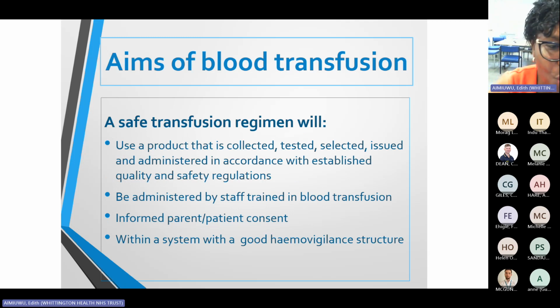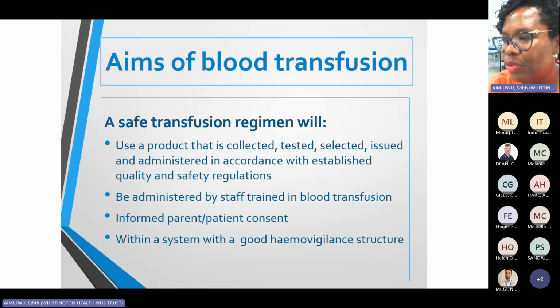When we're doing transfusion, what do we aim for? We want to aim for safe transfusion, and this can only take place by close blood testing. We want to cross-match each time the child is needing transfusion. The blood is collected, tested, and selected properly with the phenotyping we've done in the past.